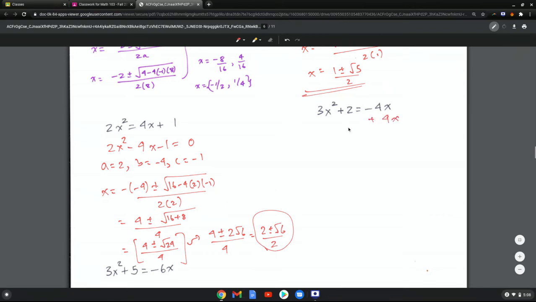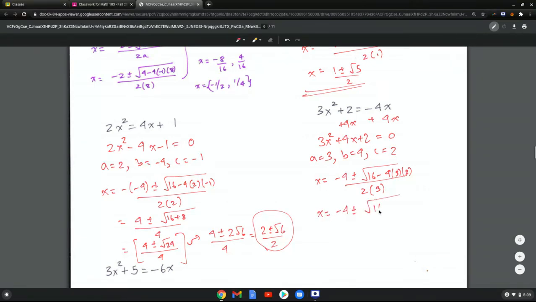And now here again, the first step would be to make everything equal to 0. And then you apply the quadratic formula for a equals 3, b equals 4, and c equals 2. That gives you x is negative 4 plus minus the square root of 16, that's 4 squared, minus 4 times 3 times 2, over 2 times 3. That's negative 4 plus minus root of 16 minus 24.